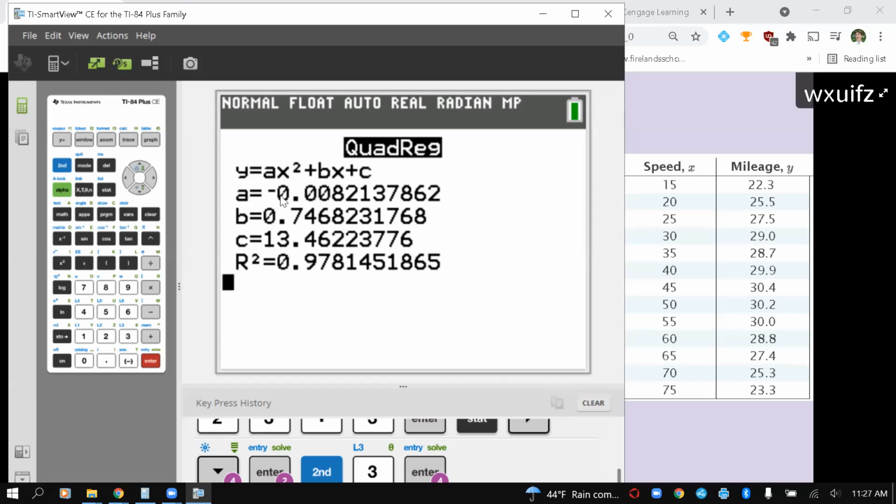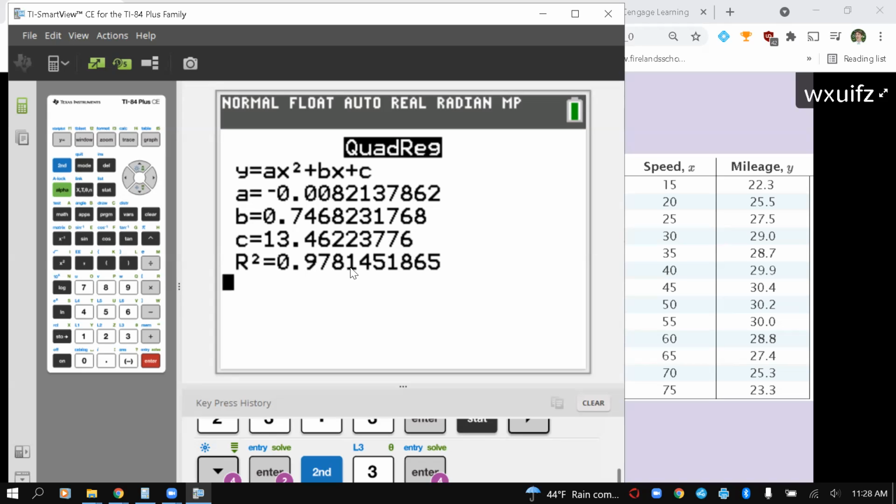This is really close to 1, so this is a really good fit. Our equation is y equals negative 0.008 x squared plus 0.046 x plus 13.462, which I'll write down before I erase this.